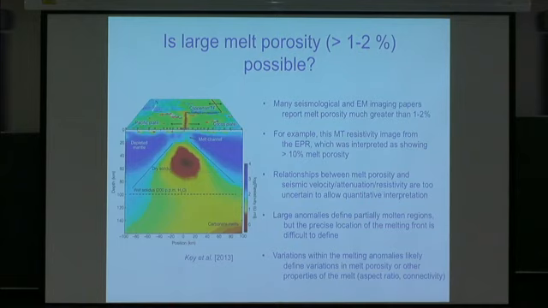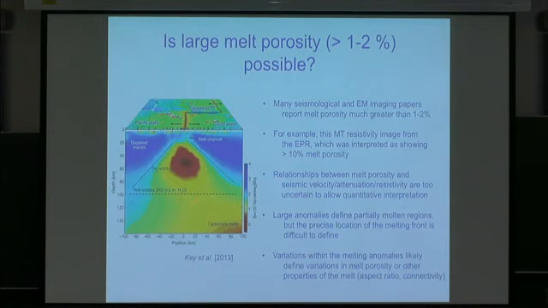I don't think they pushed that very far, but there's certainly some inconsistency here between the amount of melt that would be inferred from this MT image and what I think most of the people who model these systems in this room would expect is there.